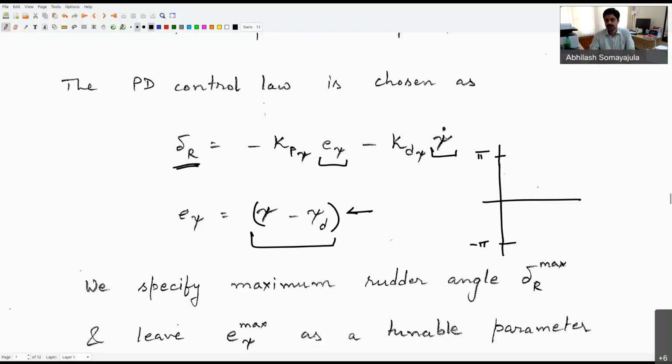Let us say that I'm trying to track a path which starts off here and keeps going and then continues back here in some circles. And let's say this is my desired value of psi.